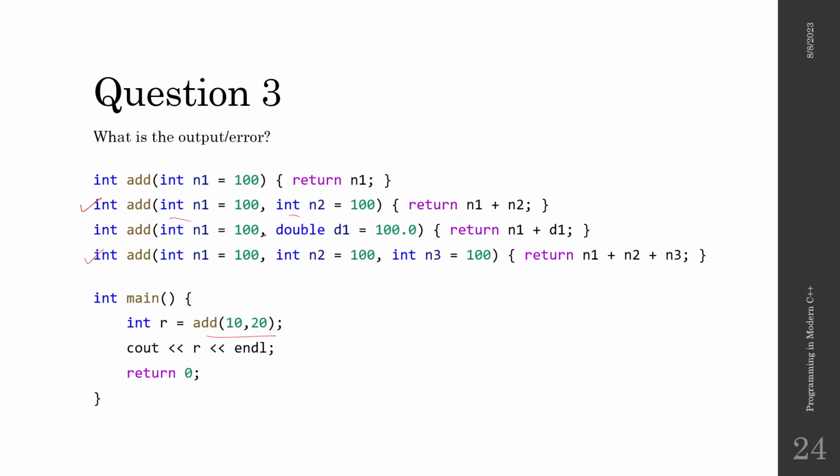The first two arguments are the same, and for the last argument there is also a default value, so it is ambiguous.